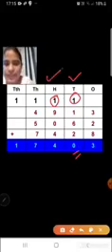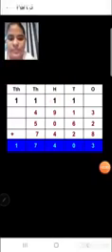After that, in hundreds place, we have 1 carryover and 9 plus 0 plus 4. 1 plus 9 is 10. 10 plus 0 is 10. And 10 plus 4 is 14. So 1 will be carryover in thousands place and 4 you have to write in hundreds place.